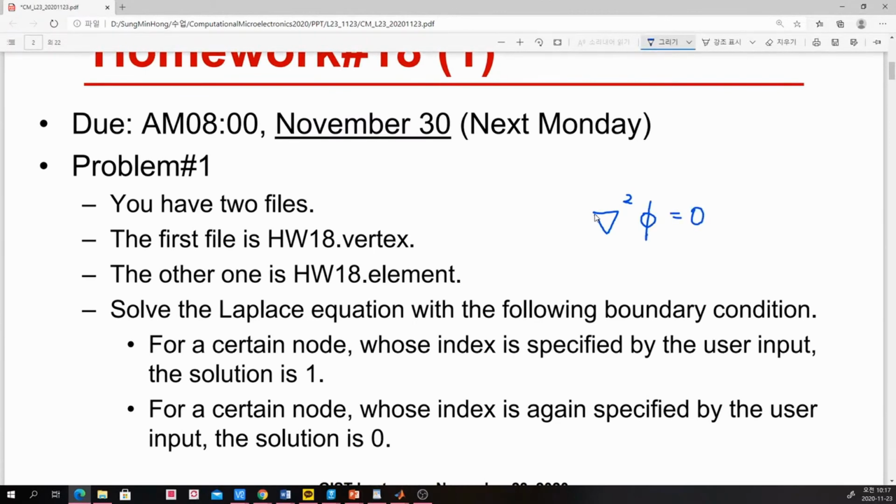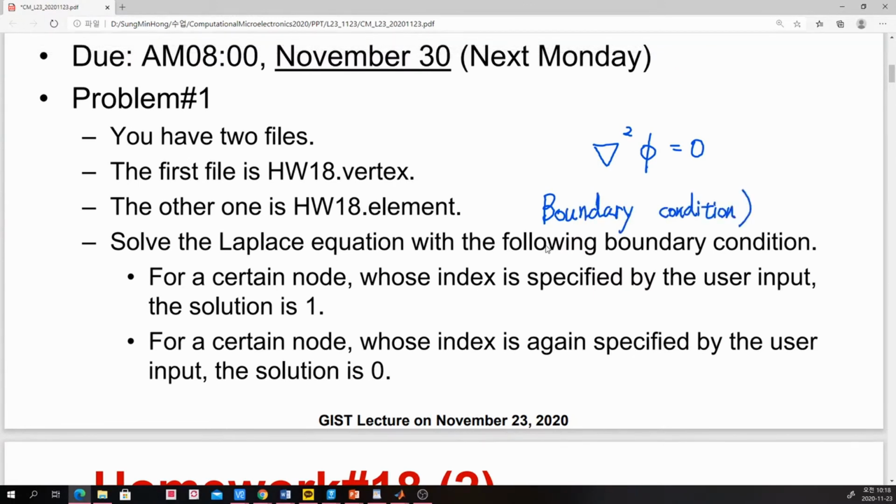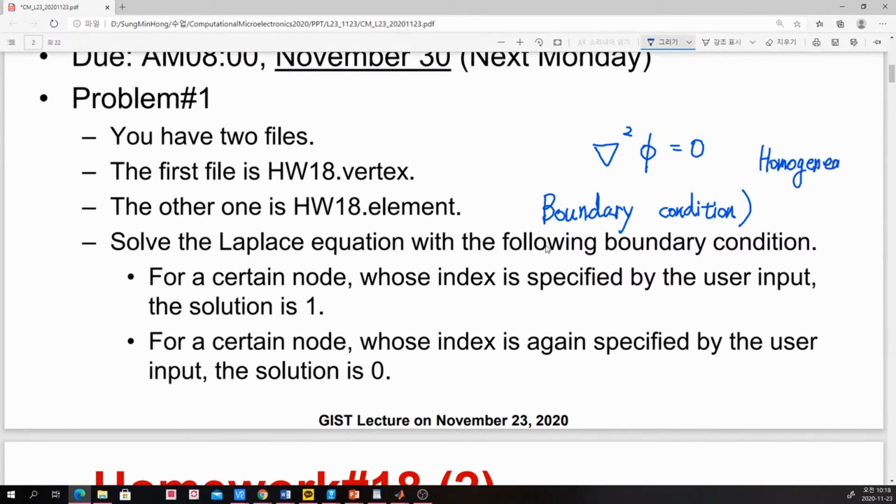That's the goal. However, when we talk about the solution of the Laplace equation, we have to think about the boundary condition. In most cases, just consider the homogeneous Neumann boundary condition.